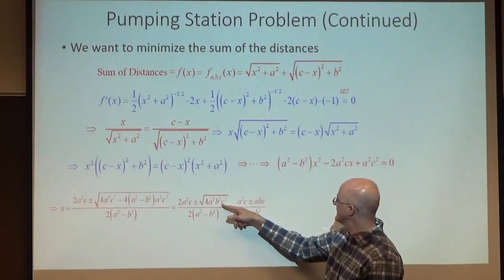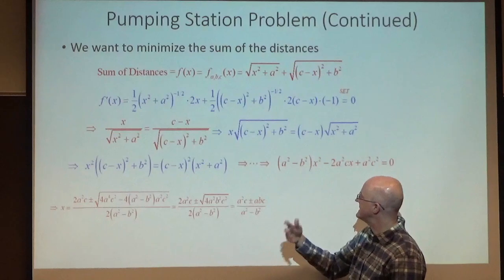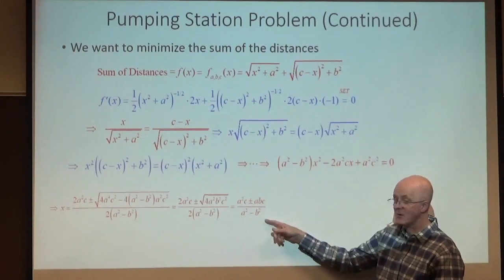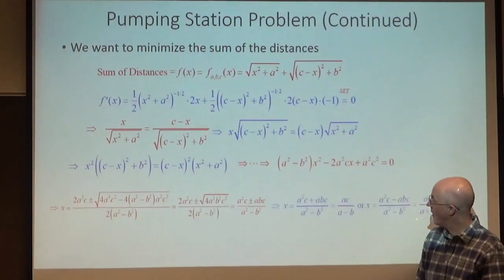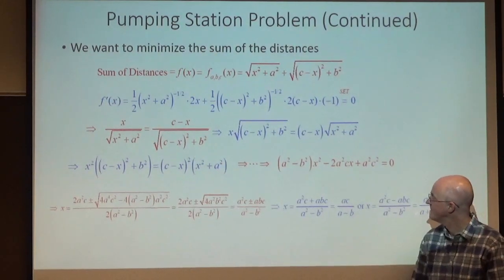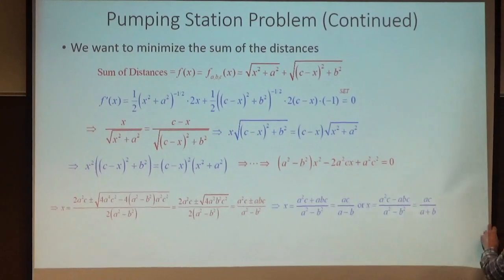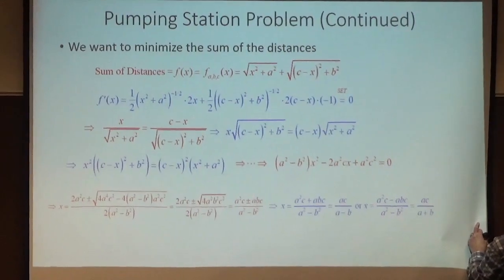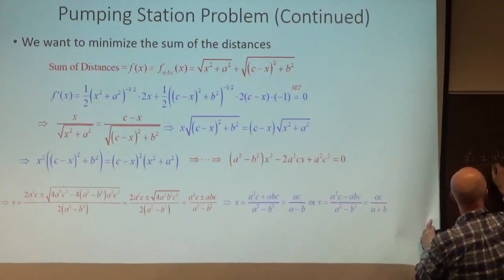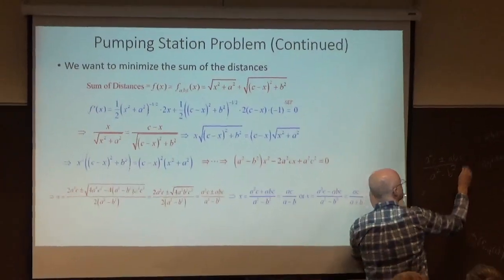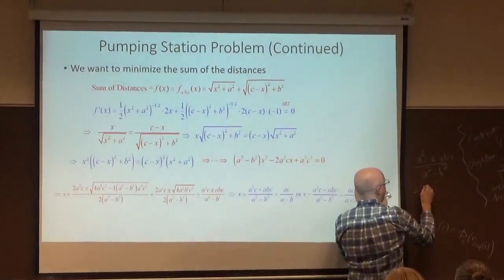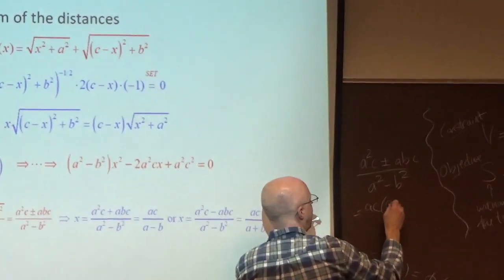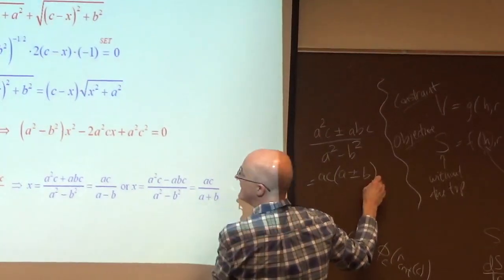The square root of a squared, b squared, c squared is technically the absolute value of abc. But because we're doing plus or minus, we don't have to worry about the absolute values. It simplifies quite a bit. It simplifies even more because if you try to factor the top as much as possible, you can factor out an a and a c from both terms on top and be left with a plus or minus b.